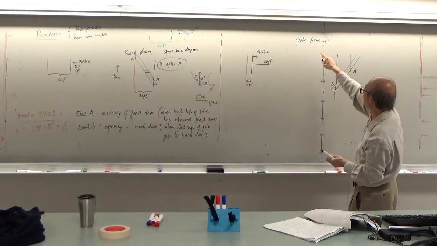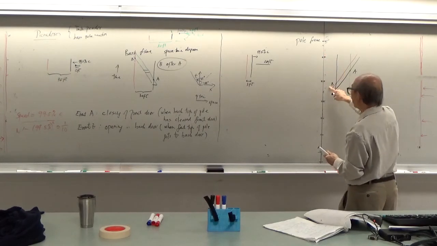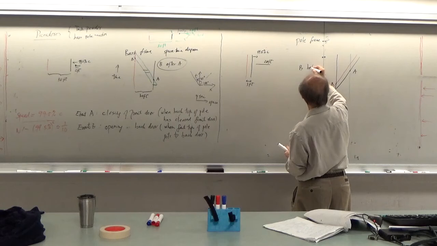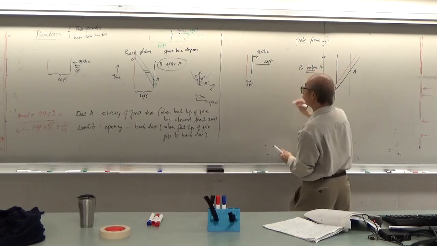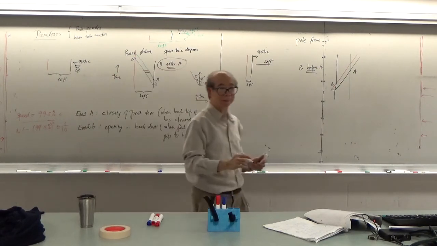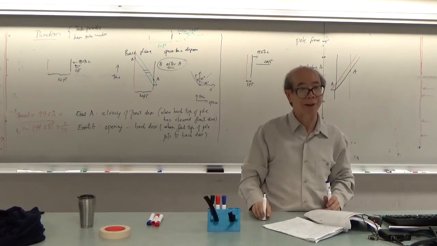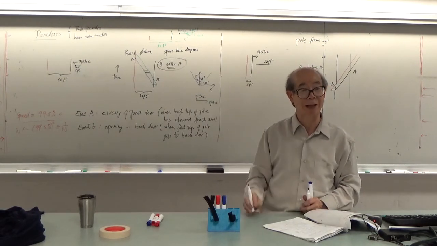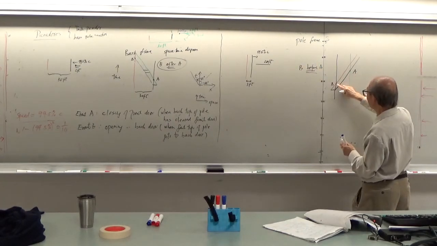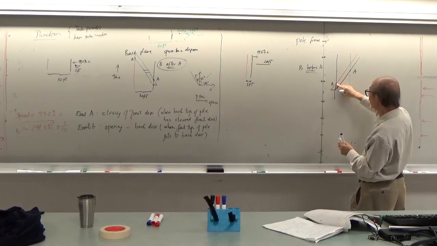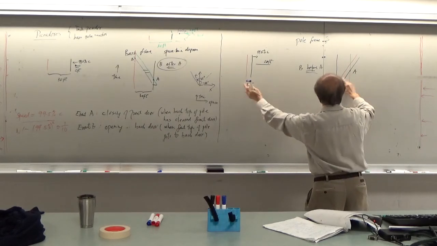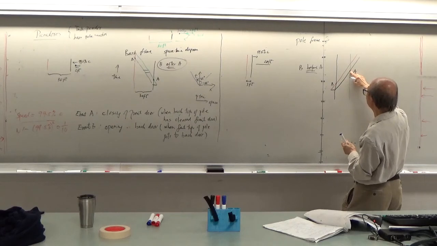So according to the people in the pole frame, B is before A, whereas in the barn frame, B is after A. So the chronological order of the two events got reversed in this example. According to the view in the pole frame, what happens is that the barn owner opens the back door before he closes the front door.